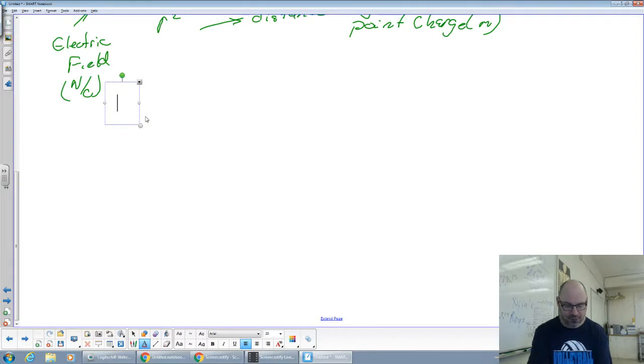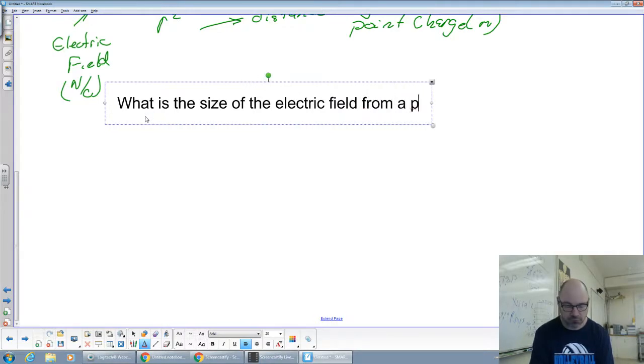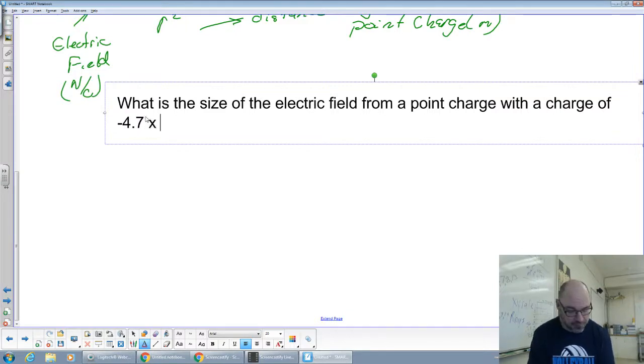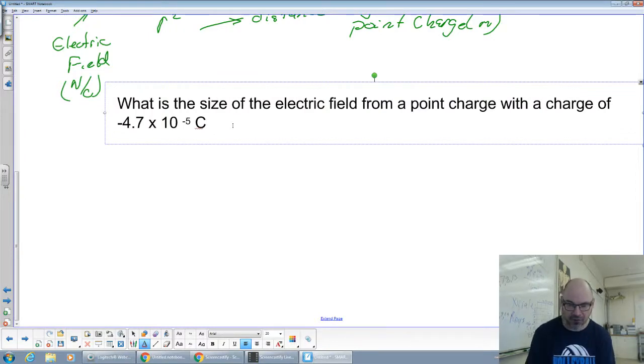Let's say we have, what is the size of the electric field from a point charge with a charge of, say, negative 4.7 times 10 to the negative 5 coulombs, 0.09 meters away from the charge.